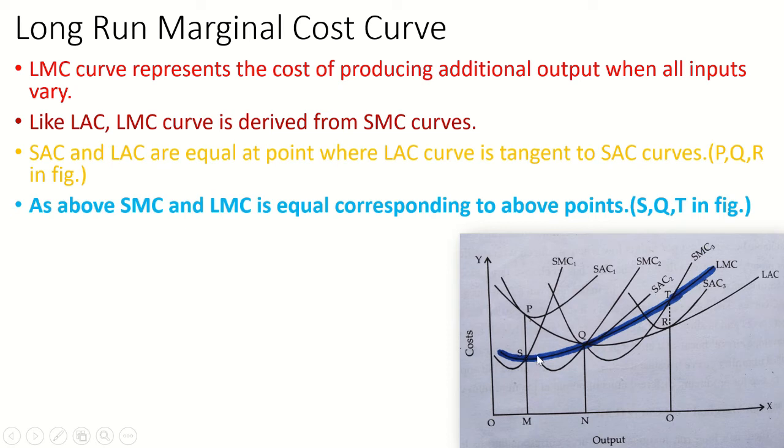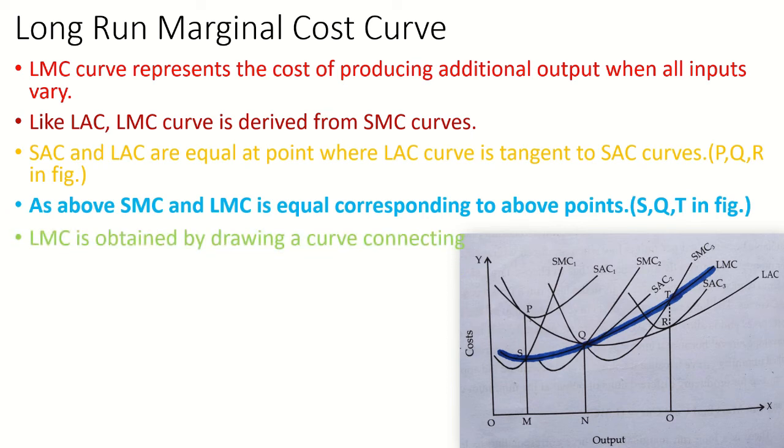In Q, the SAC and LAC are equal, and again SMC2 and LMC are equal at Q. And in T we can see that SMC3 and LMC are equal at the point T.